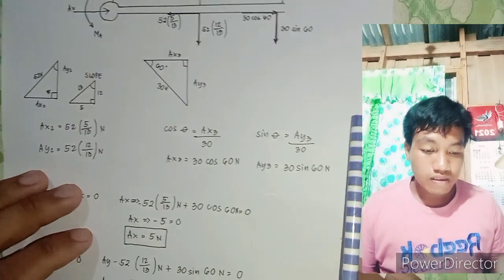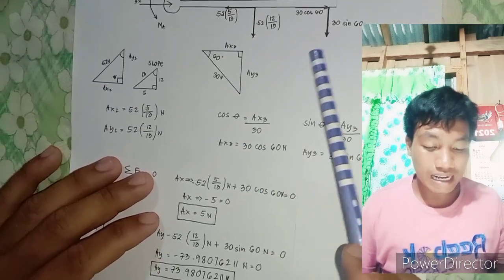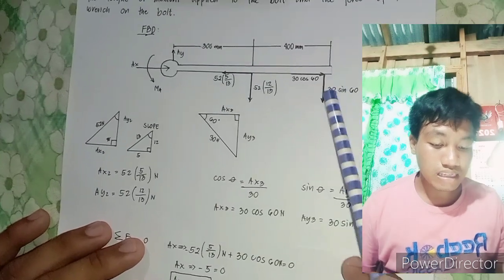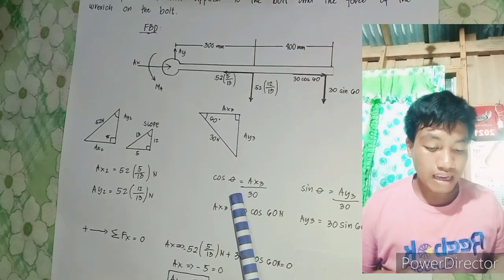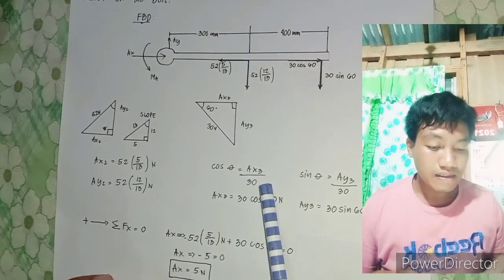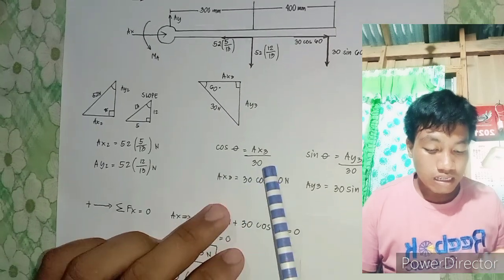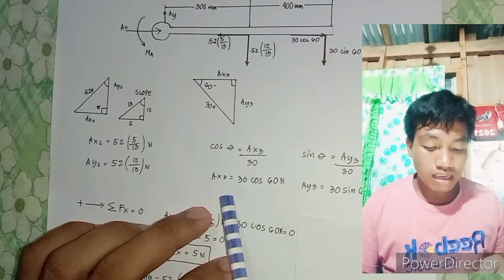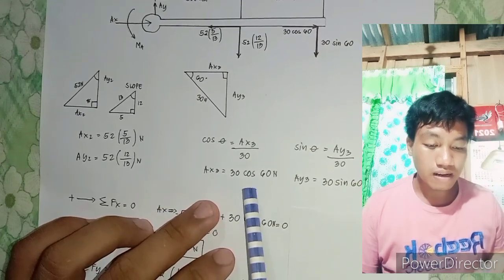So, let's take the other angle here, with the given angle of 60 and 30 Newton. Cosine theta is equal to AX3 over 30 Newton. Moving the 30 to the other side, AX3 is equal to 30 cosine 60 Newton.